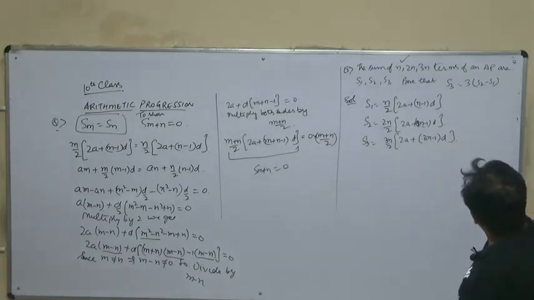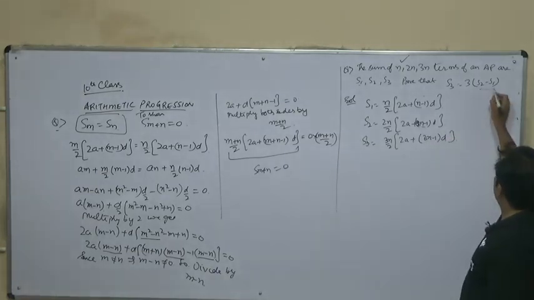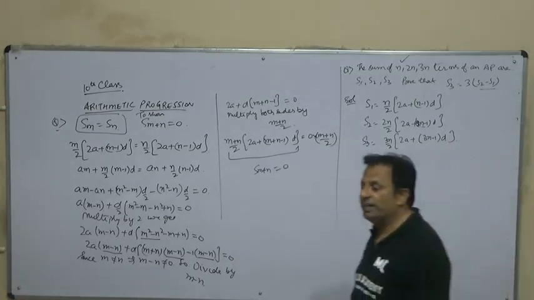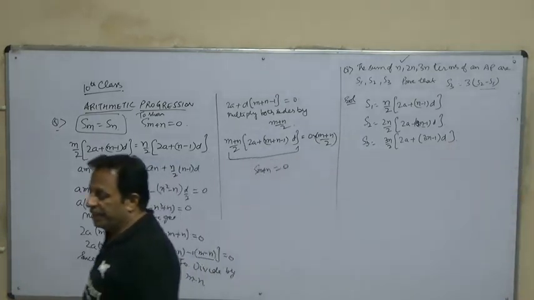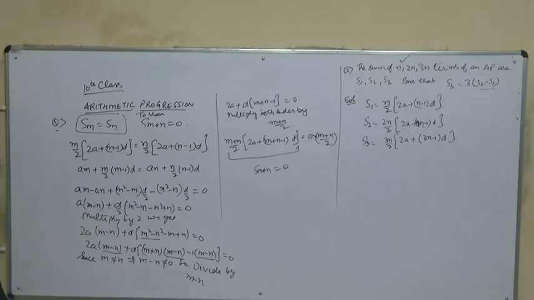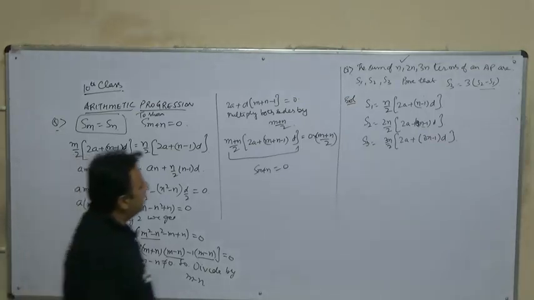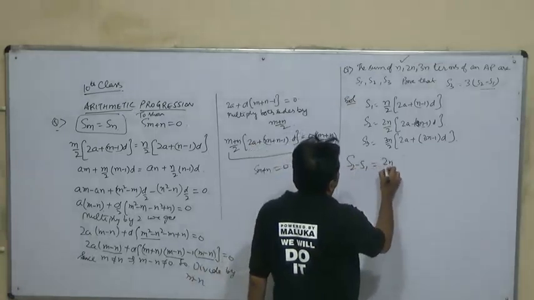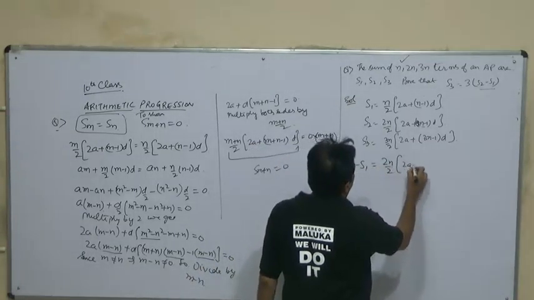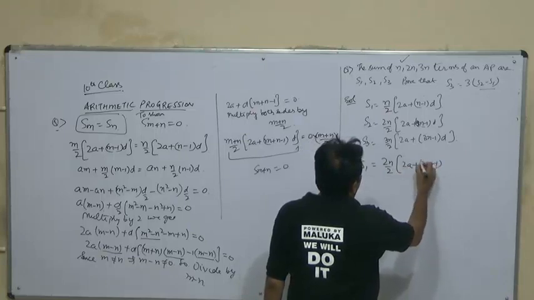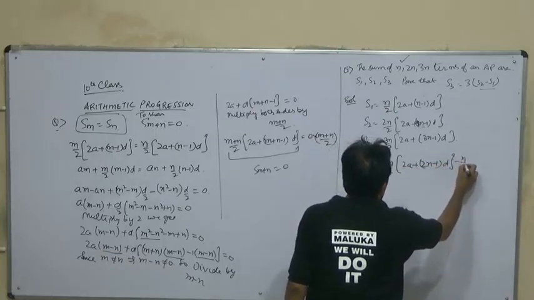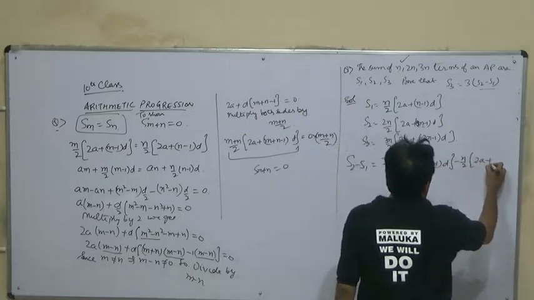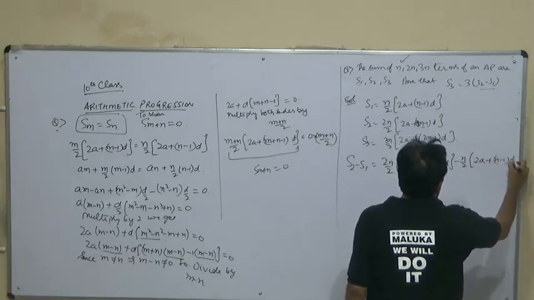So what we will do, we will start with the right hand side. First we will find S2 minus S1, then multiply that by 3, that will be equal to S3. So first find S2 minus S1. What is S2 minus S1? 2n by 2, (2A plus (2n minus 1) into D) minus n by 2, (2A plus (n minus 1) into D).